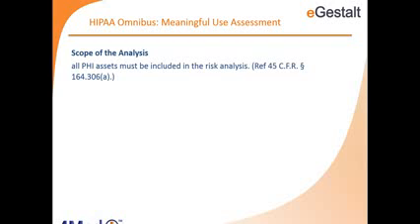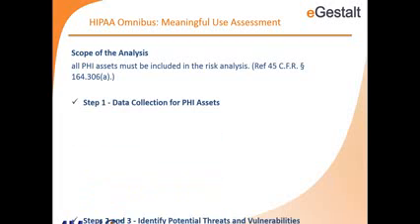So from a meaningful use assessment point of view for HIPAA Omnibus, the process is simple: you need to do a risk analysis that involves all the PHI assets. And when I say PHI assets, I mean all the assets such as servers, desktops, firewalls, all the assets that are involved in PHI access, storage, or transmission need to be included in the analysis.